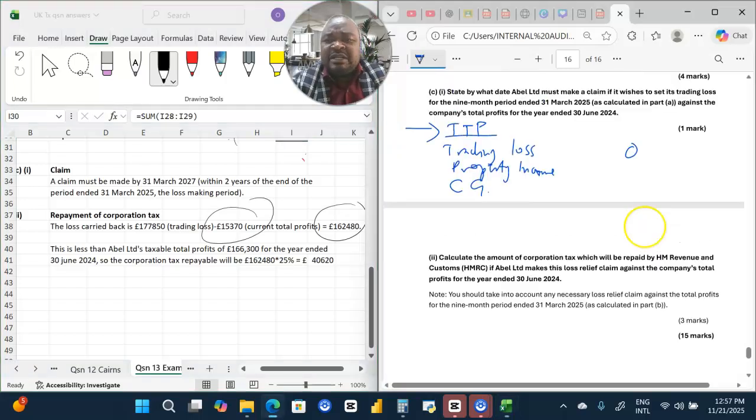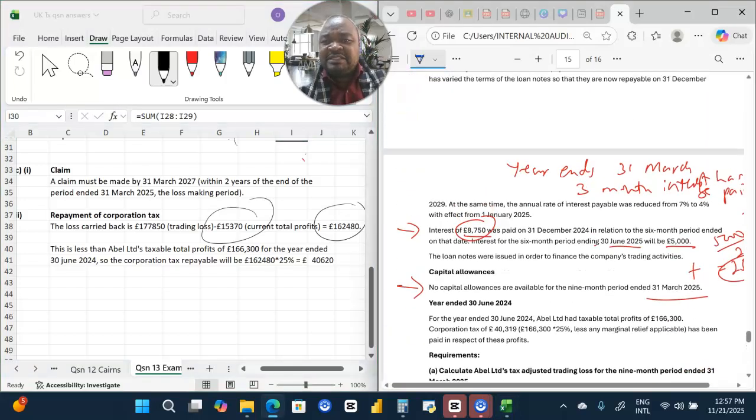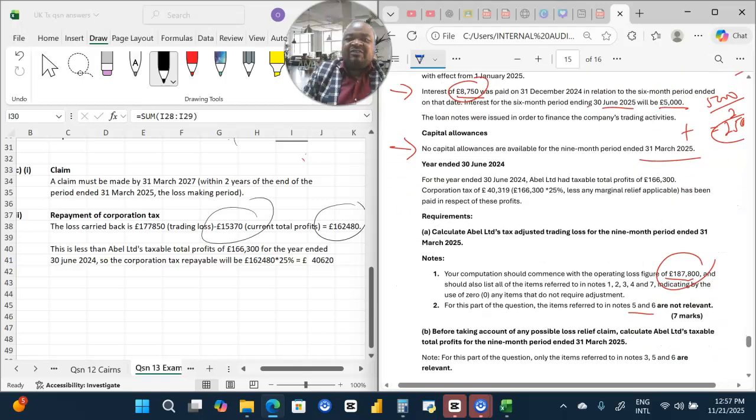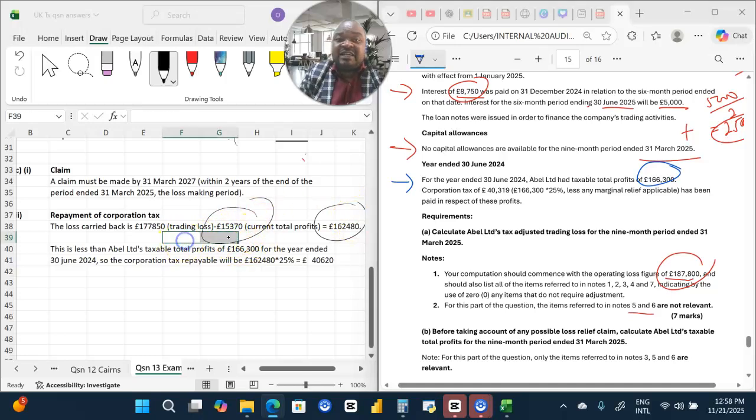Is that so? Let us get back to the question. What did the examiner say? Yes. The examiner said, for the year ended 30 June 2024, Apple Limited had taxable profits of 166,300. So you can see that this is lower than the current year loss after adjusting it with the current year profits there.